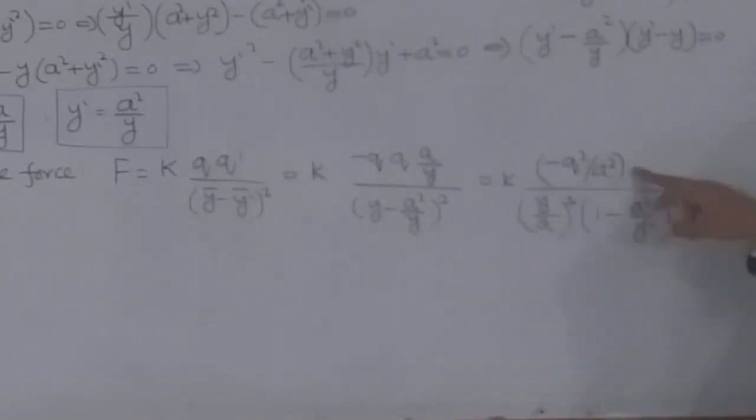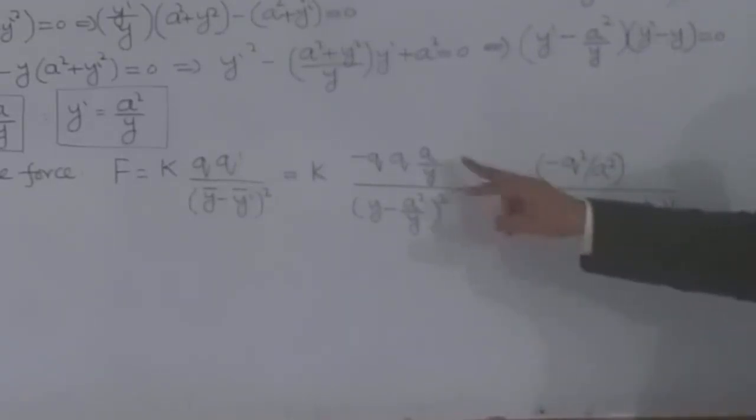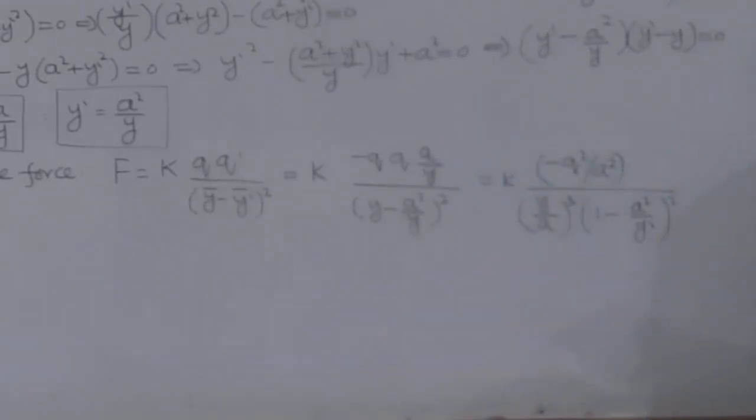And that square will be divided here. Clear? It means when I move this one up, it will be multiplied as a cube. A square will cancel with 2 of it, so only one a will remain there. So I will give this equation there. I mean, there is a reason why I am writing this in this form, because when I put limiting conditions on this one, then it will be easier to calculate.